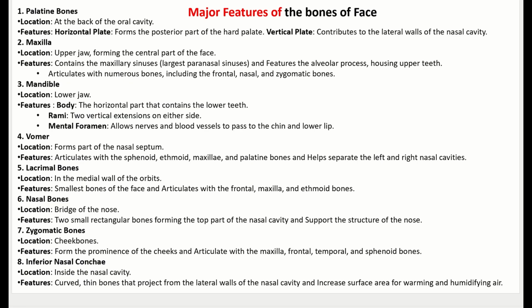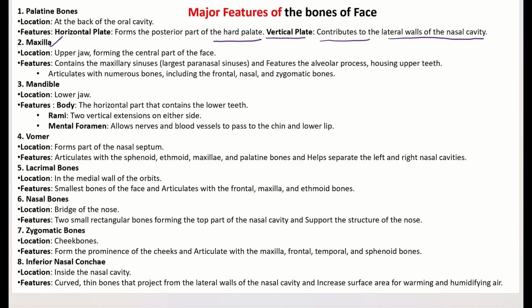The major features of the bones of the face: the palatine bone is located at the back of the oral cavity and forms the posterior part of the hard palate, and the vertical plate contributes to the lateral wall of the nasal cavity.